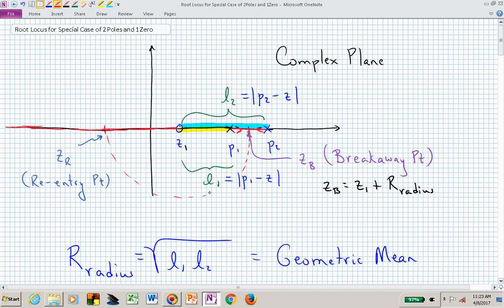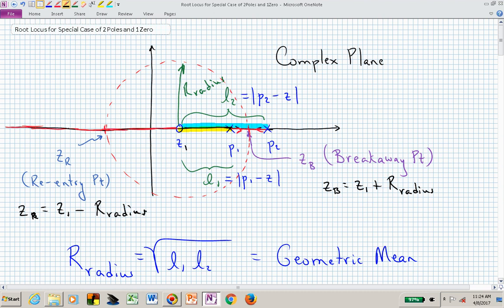You can laugh as much as you want, but this is now supposed to be a circle of radius r sub radius, and with that radius, I hope you see that the reentry point is going to be to the left of the zero, Z1, or the center of our circle, by the amount of that radius.